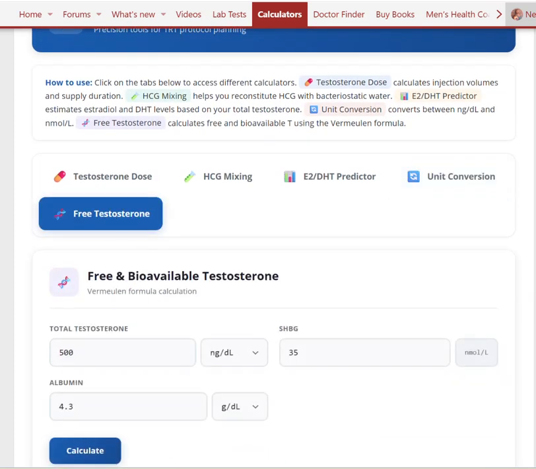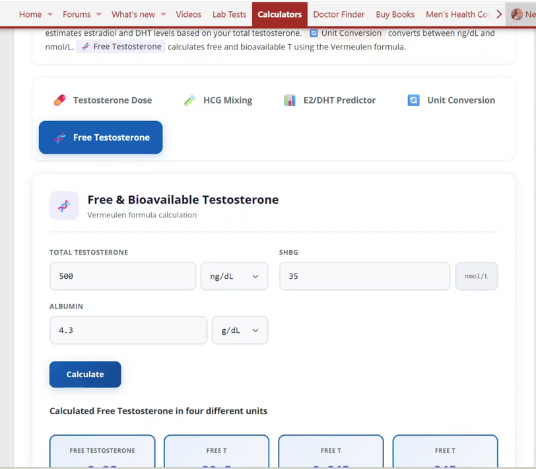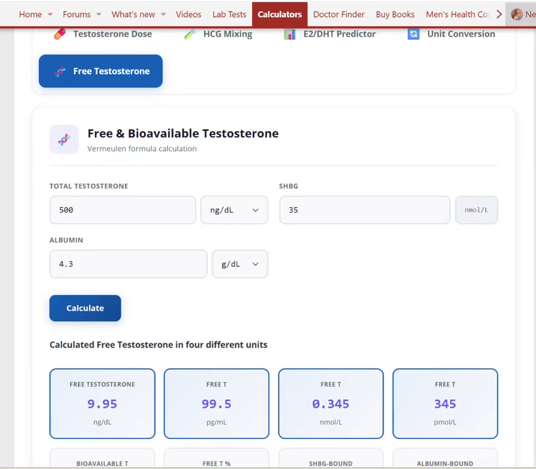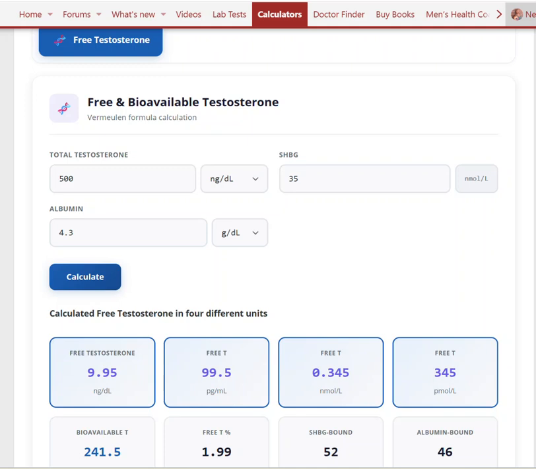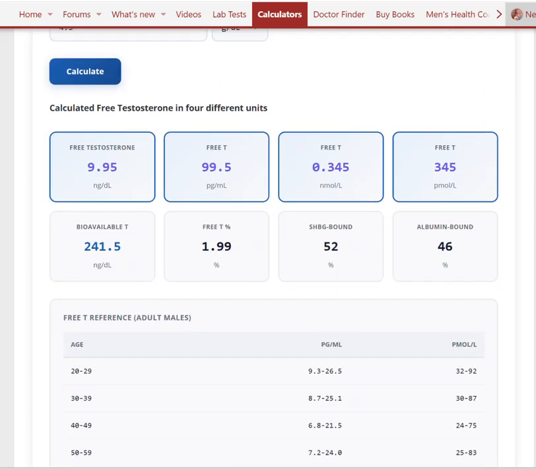Free testosterone usually tends to be, if you're in optimal levels, around 2% of total. But you can also calculate it from three numbers: the total testosterone, sex hormone binding globulin, and albumin. And some doctors run these three tests and calculate it with this equation.